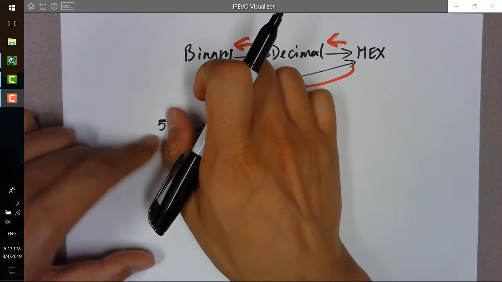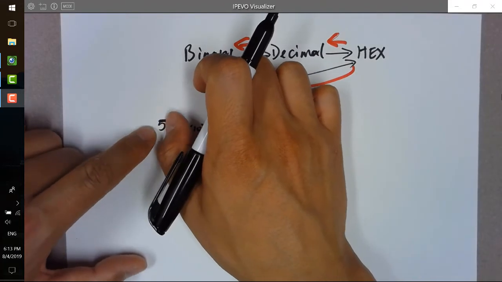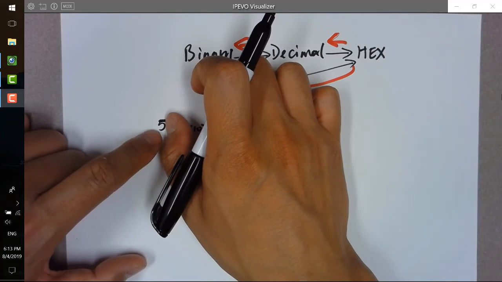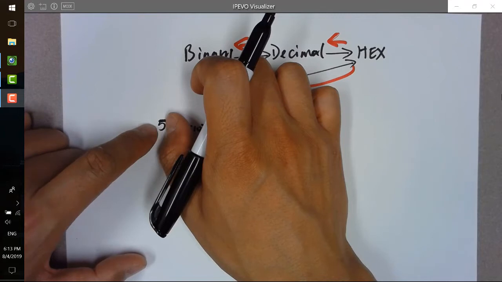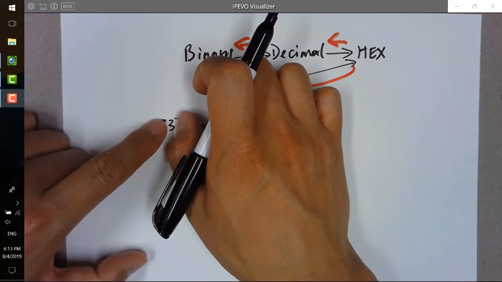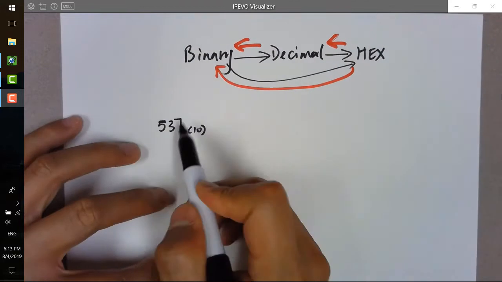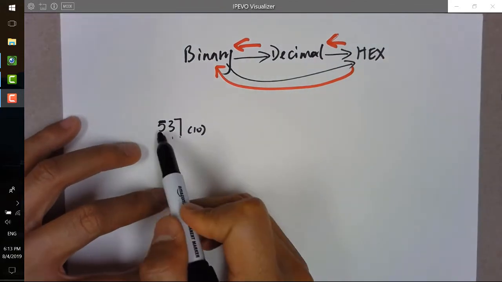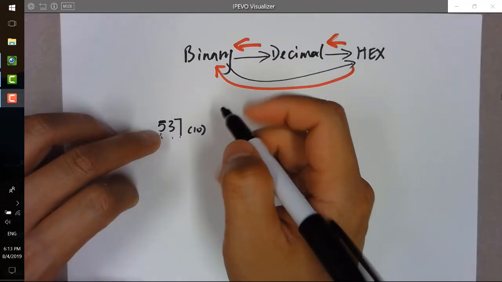But if you look at a single digit on its own, it's not 500, it's just 5 in Arabic numerals. However, when you put them together, they are at different locations, so this 5 is not 5 anymore, it's going to be 500.